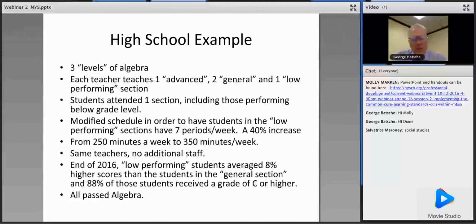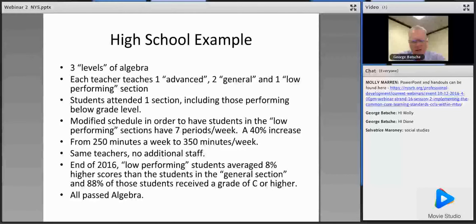So the building principal modified the schedule so that each of the low performing sections could get 7 periods a week instead of 5. Those kids got 2 more sections a week. That's a 40% increase. So the kids went from 250 minutes a week to 350 minutes a week for the low performing group. It was the same teachers, no additional staff.